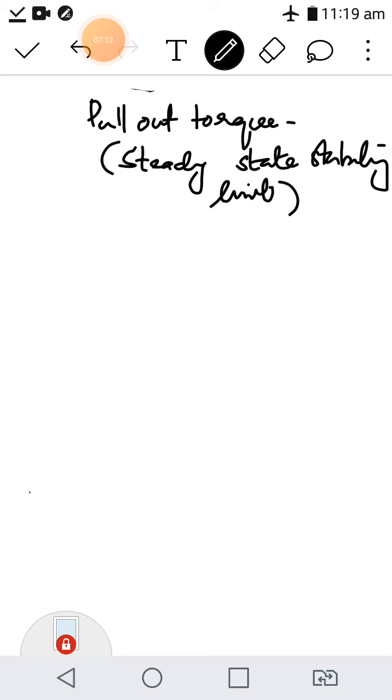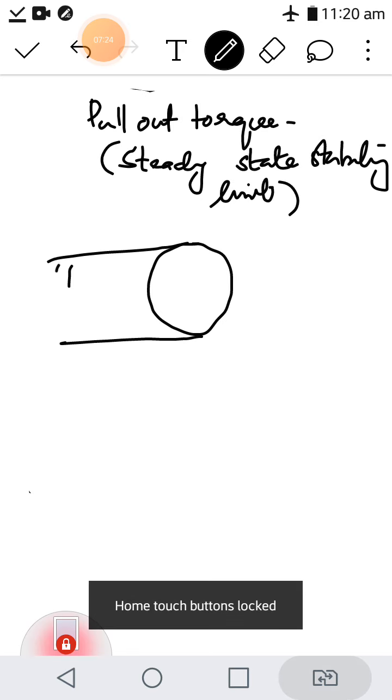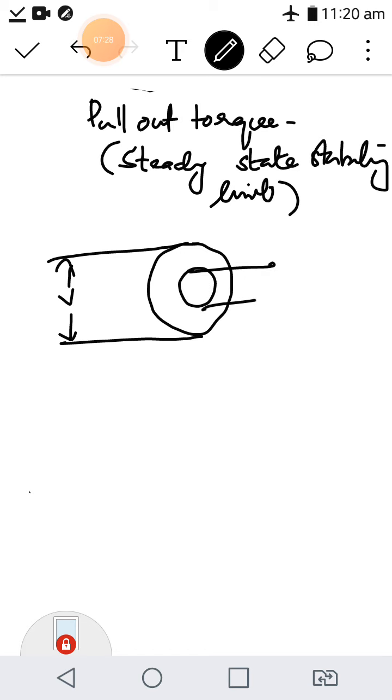What is the meaning of the steady state stability limit of a synchronous machine, or what is the pull out torque of a synchronous machine? So if you take this as a synchronous machine and assume that this is the per phase stator voltage V given, and this is the rotor, the DC voltage connected to this rotor is E. Assume that it is like that, the field excitation voltage.